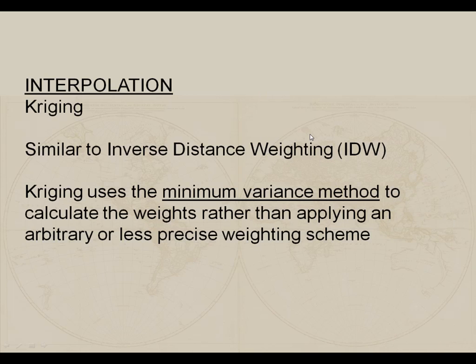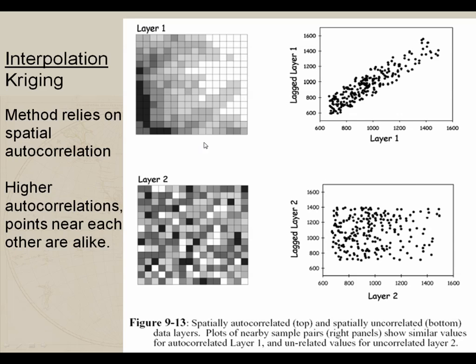Okay. Another one is Kriging, which is similar to inverse distance, where we're using a statistical process to help us as well as the distance. It relies on this idea of autocorrelation. As I move on this axis, there's a corresponding movement on the y-axis. So as I move to 800 here, this is moving up.